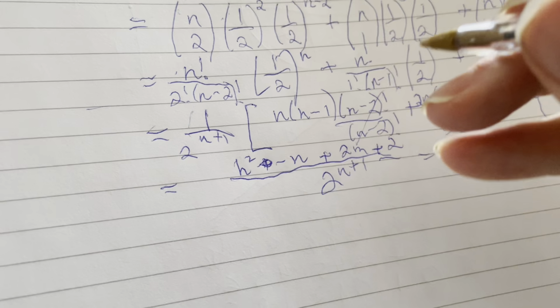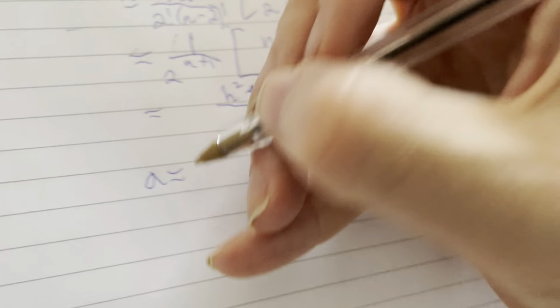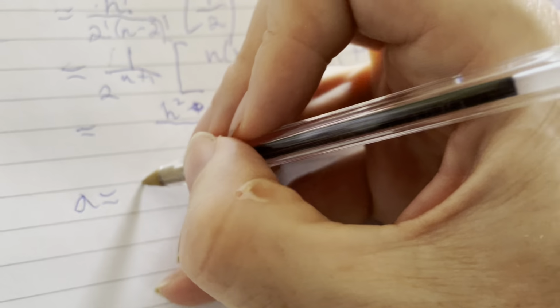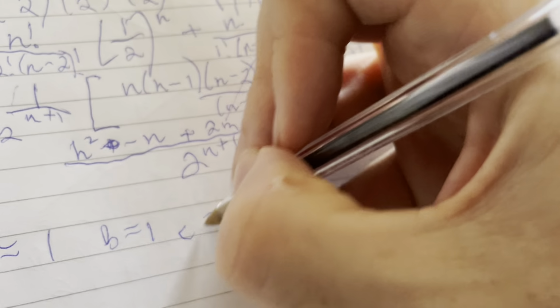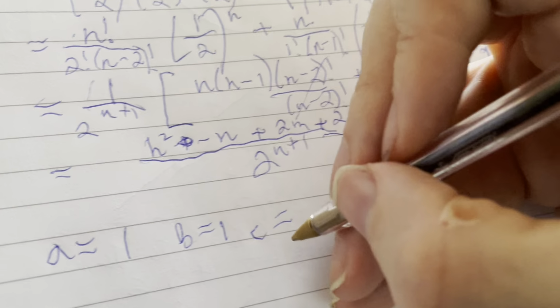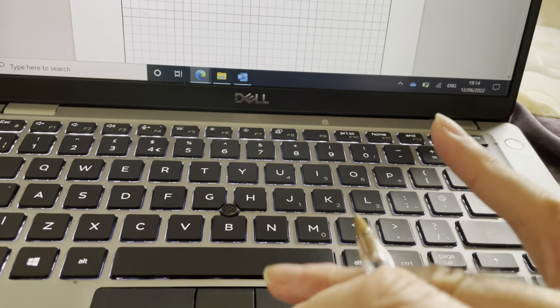So our answer, and it's important to write it down specifically, is that a will be equal to 1, the coefficient of n squared, b will be equal to the coefficient of n, which is 1, and c will be equal to the coefficient of the constant, which is 2. So 1, 1, 2, and let's hope that's what they got as well.